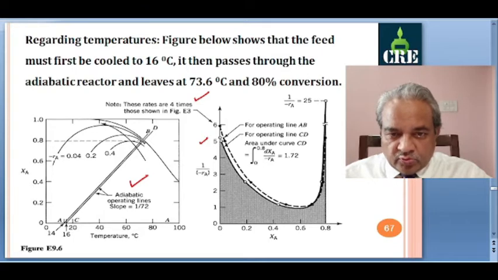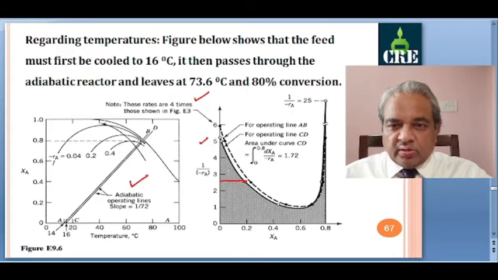So with this value of 5, the corresponding values you can go on plot. For example, you can see this value here. XA is 0.2 and this 1 upon RA value will be somewhere in between.